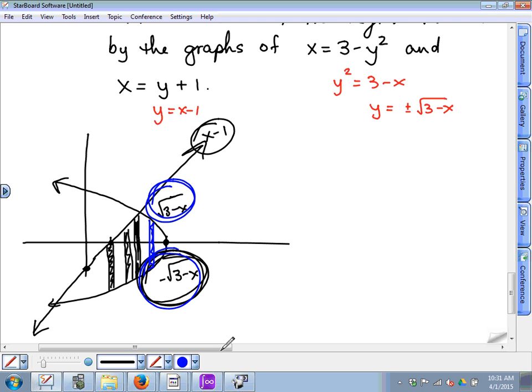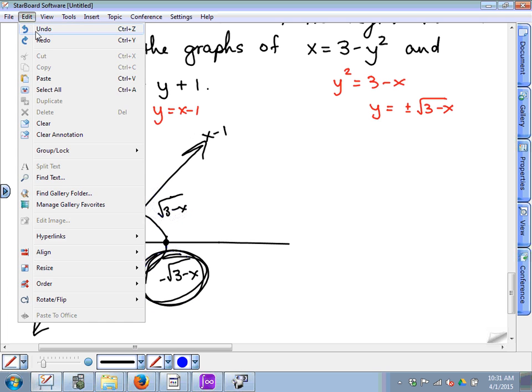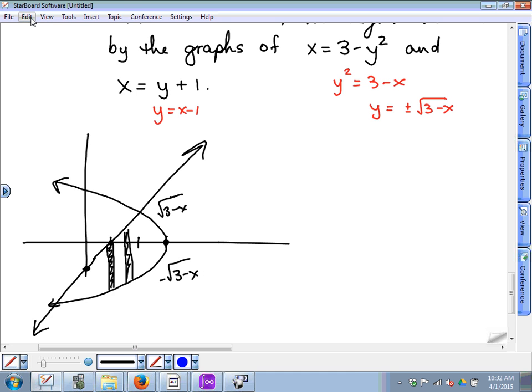Okay? What if we switch this and did horizontal rectangles? What would we be integrating with respect to? y. So let me see if I can erase some of this stuff here. Let me erase some of this.